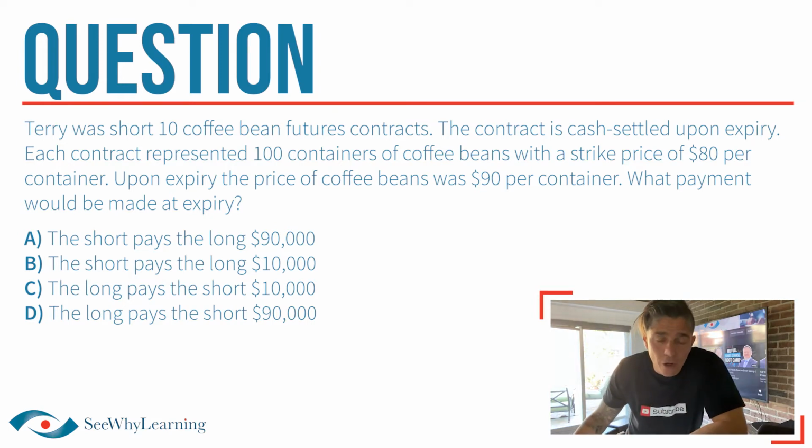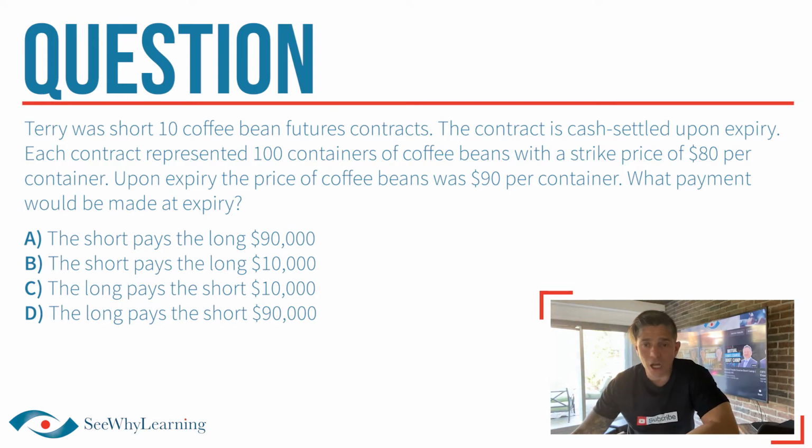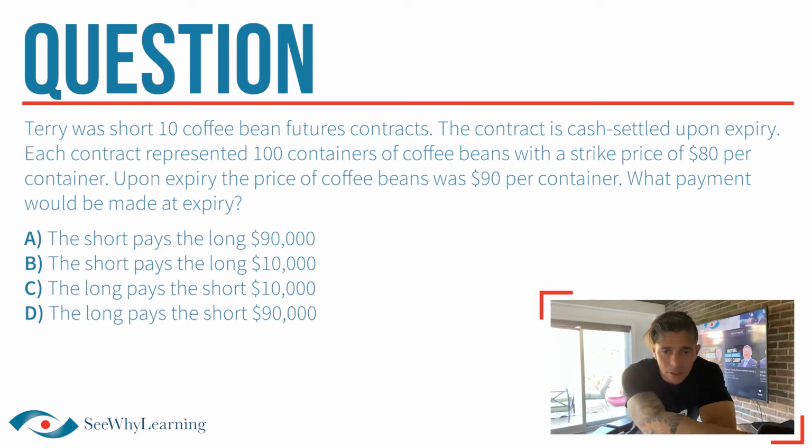It says Terry's short 10 coffee bean futures contracts. The contract will be cash settled upon expiry. Each contract represents 100 containers of coffee beans. Well, that's a lot of coffee beans, with a strike price of $80 per container. Upon expiry, the price of coffee beans was $90 per container, and what payment will be made at expiry?